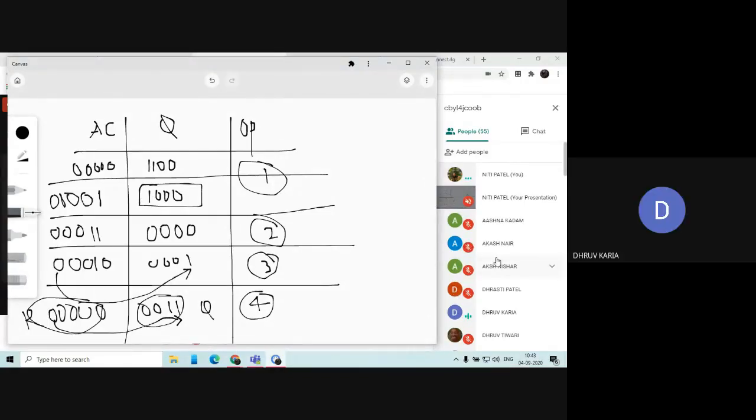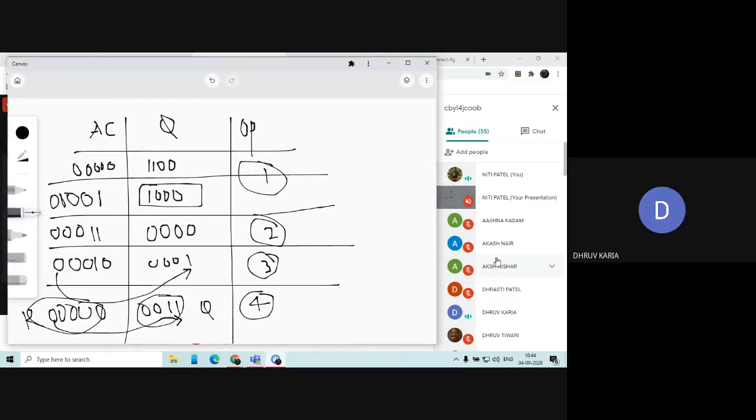Ma'am, in the first cycle. Okay. What has happened in the first cycle? Your value of AC initially is 00000 and your content of Q is 1100. Correct? Yes, ma'am. When you do left shift, the contents of AC become 4 0s and 1, correct? And your Q becomes 100 with one empty box.